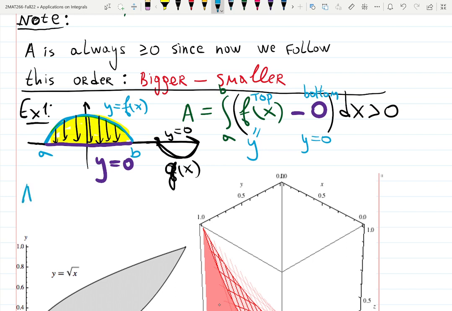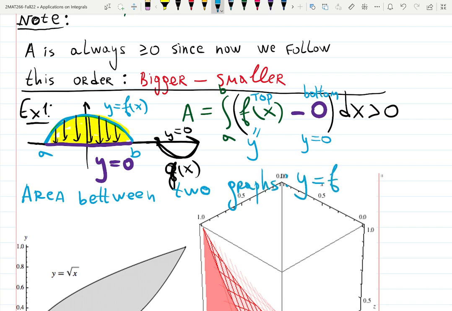Let me maybe write it down. Area between two graphs, which is y equals f of x and y equals 0, from A to B. What do you think about this?